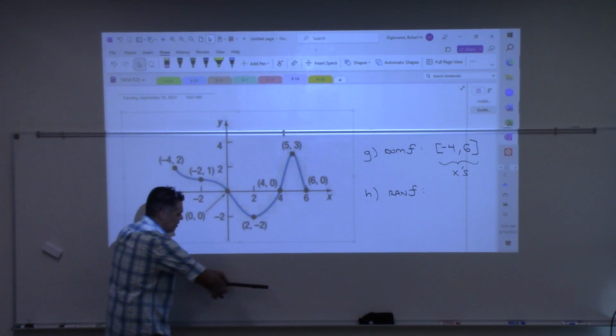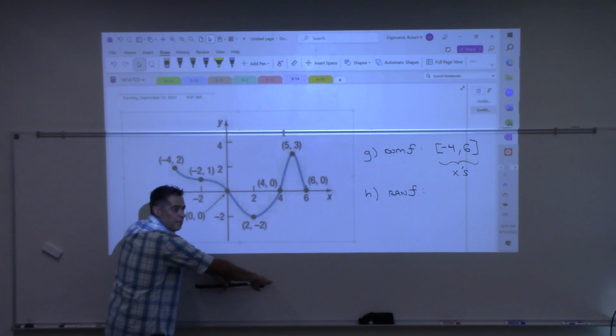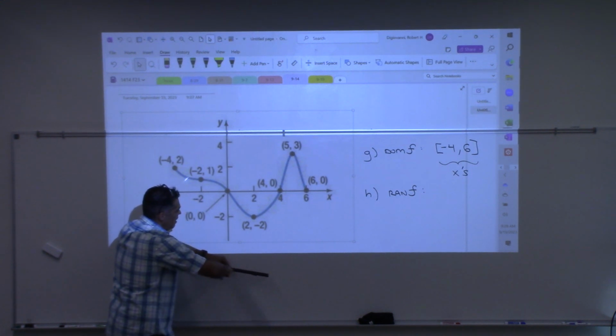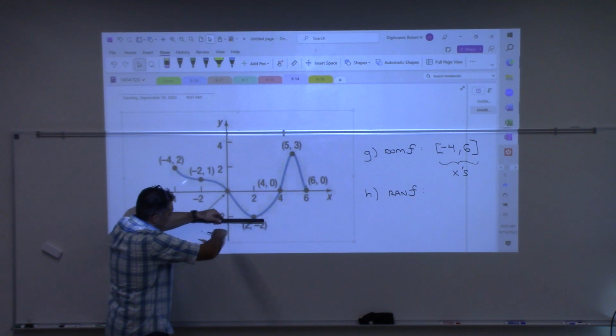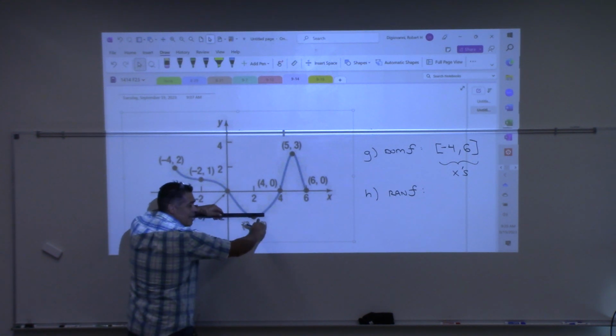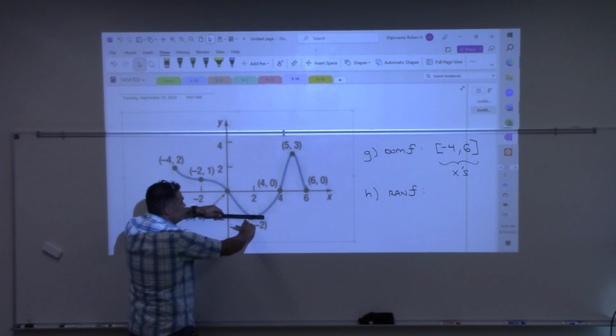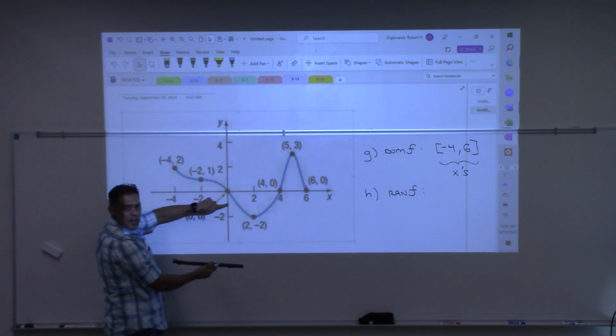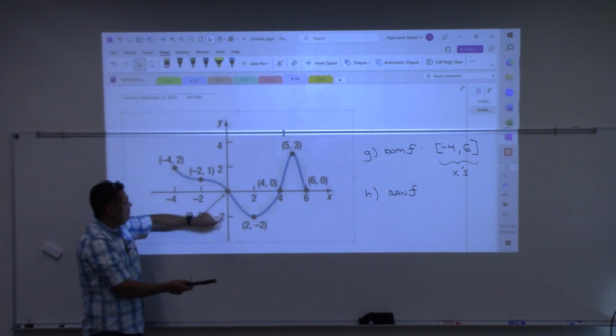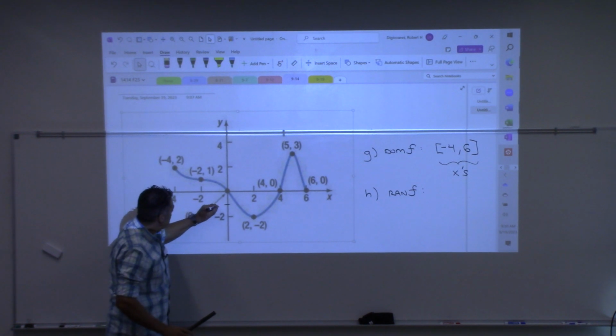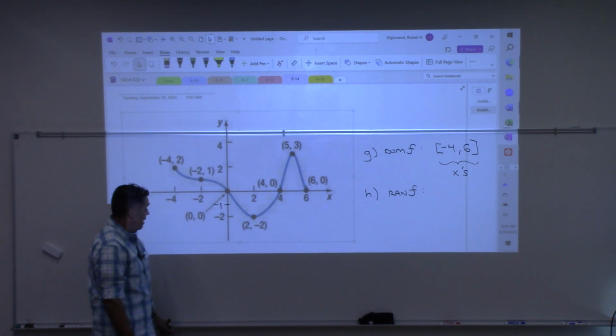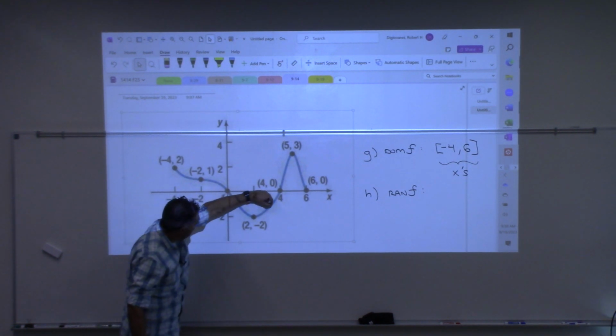Do I ever get any y values down here from this function? No? Not until I get to where? -2. -2 is where I start getting outputs. Does this function ever spit out -1? Yes. Where? Here and over here, right?